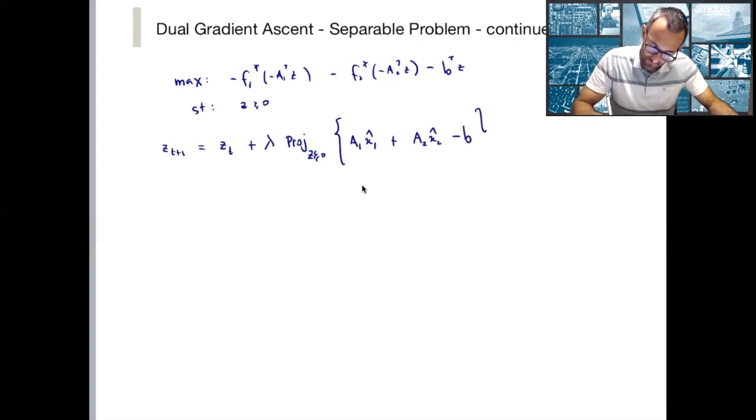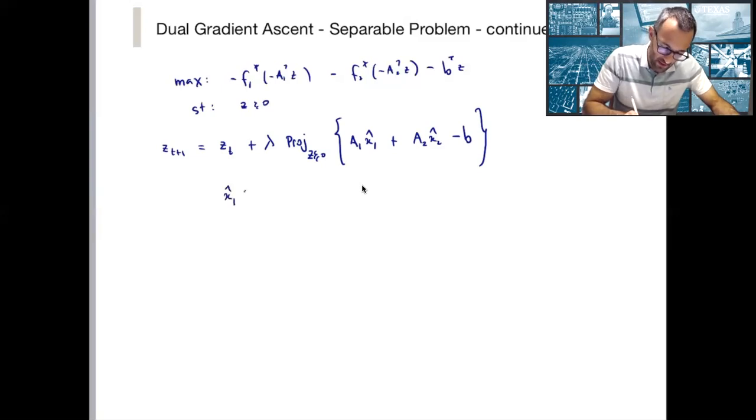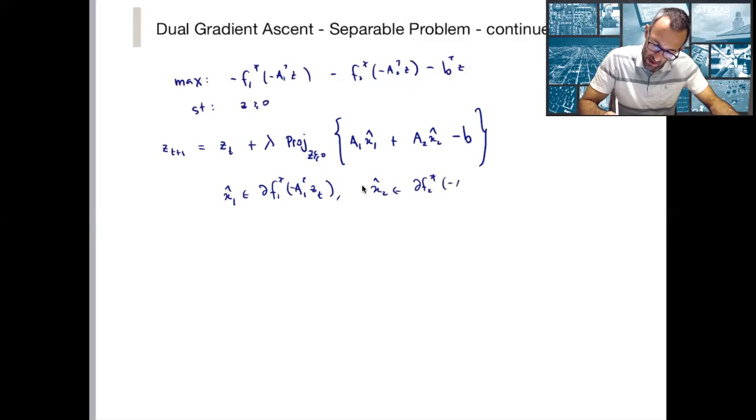And writing this out, we get exactly the same mechanics. So x1 hat is an element of the subdifferential of f1 star at minus a1 transpose z_t. x2 hat is an element of the subdifferential of f2 star at minus a2 transpose z_t.